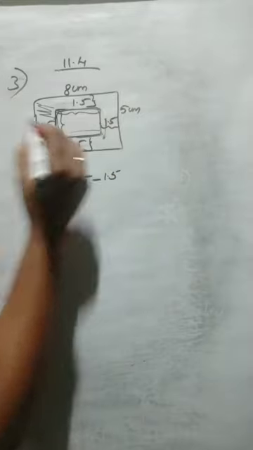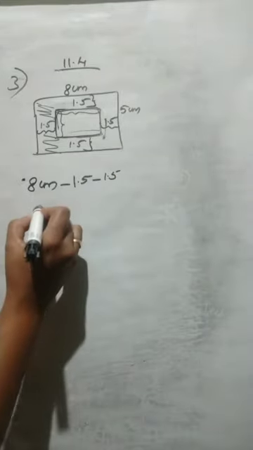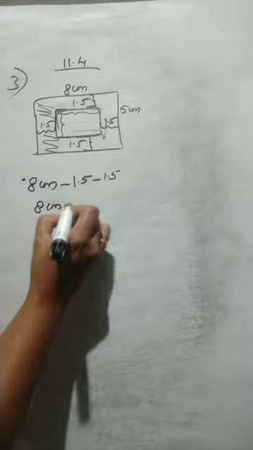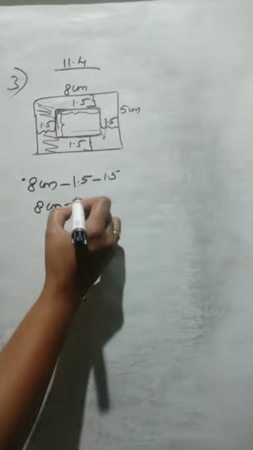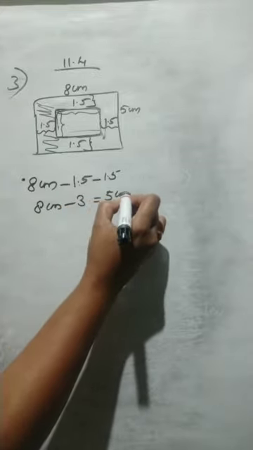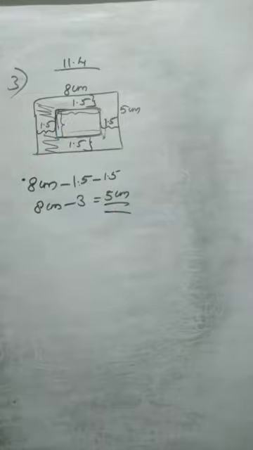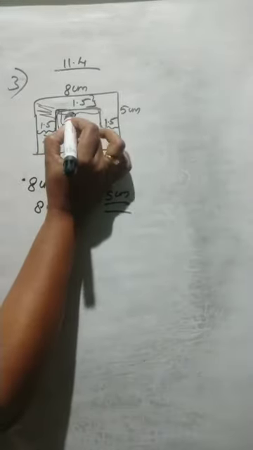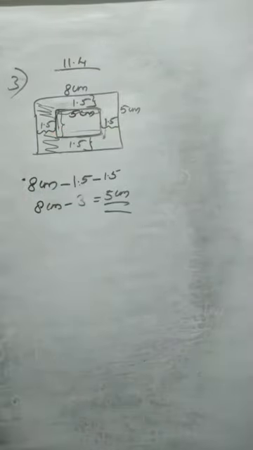Right side and left side, we have to subtract. That is 8 centimeter minus 1.5, 1.5, that is 3. That will be 5 centimeter. So here the length will be 5 centimeter.